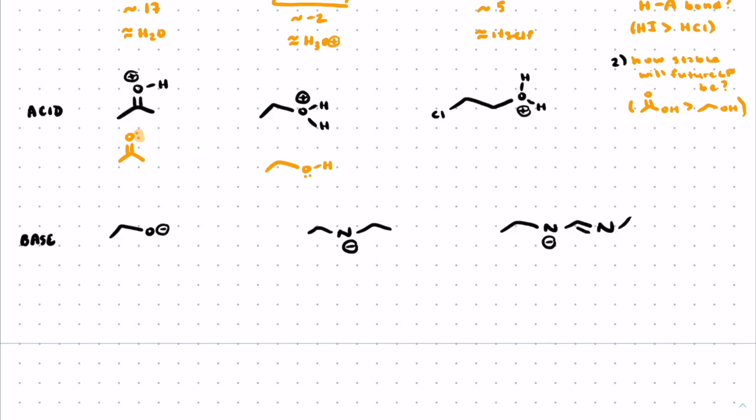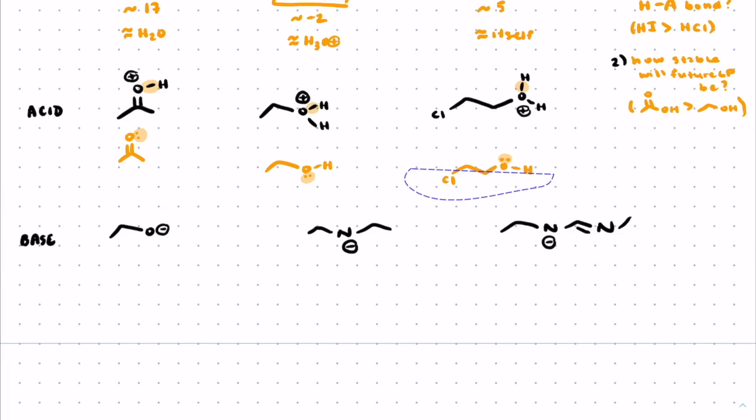This is the lone pair that was in this bond when you give up a proton. And then, last but not least, we have this guy, and so we leave a lone pair here as well. So this bond becomes this lone pair, and we still have a chlorine over here. So what we're really trying to consider is which one of these lone pairs is the most stable, which one is the happiest right now, once you've deprotonated.